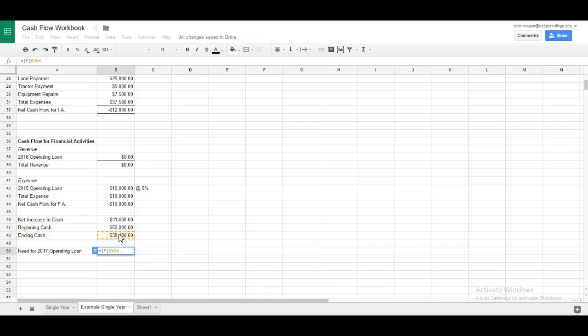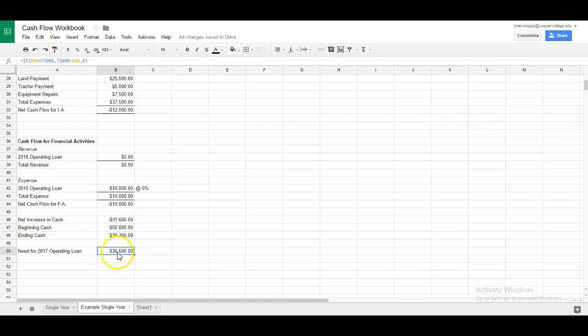So if ending cash is less than $75,000, then if that's true, remember we want at least $75,000 in the bank, we're going to say $75,000 minus the ending cash. And if it's not true, if we have over $75,000 in the bank, we don't need an operating loan. So that's actually going to be 0.